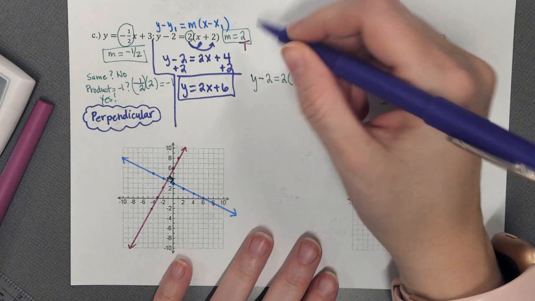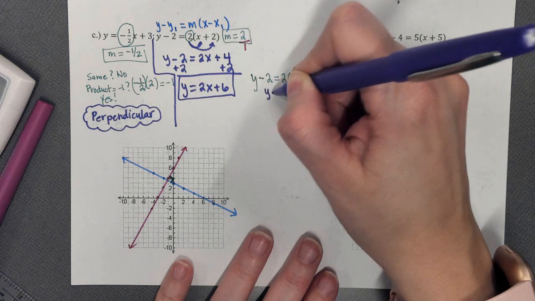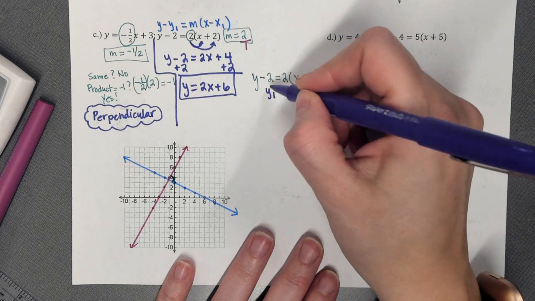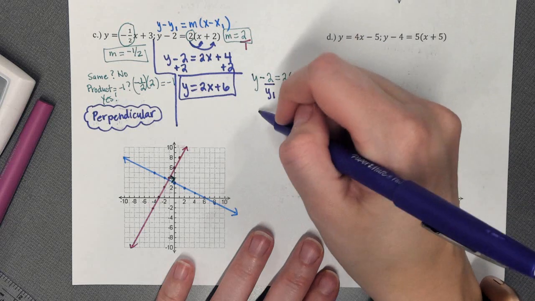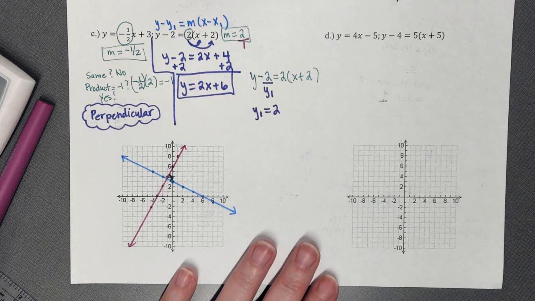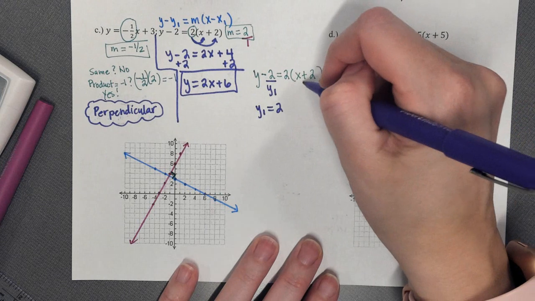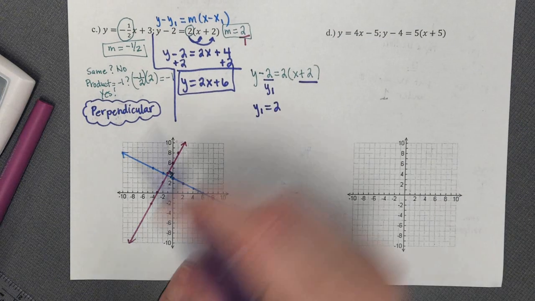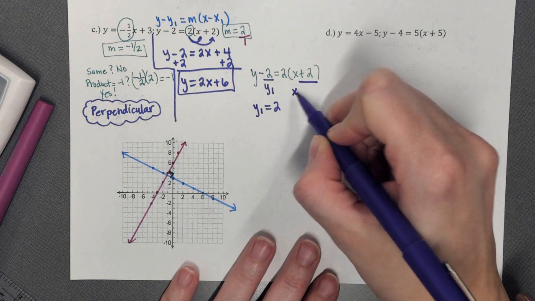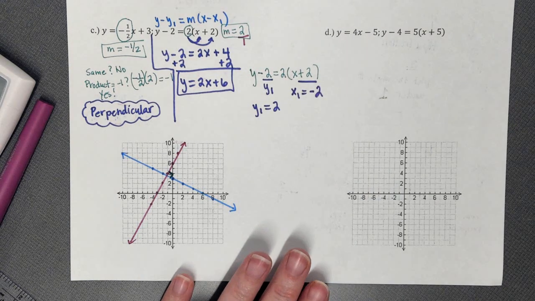So remember that your form is y minus y1. So if you have y minus 2, your y1 is equal to 2. Now this part is the tricky part. If it's plus 2, okay, then that means your x1 is negative 2 when you take it out.